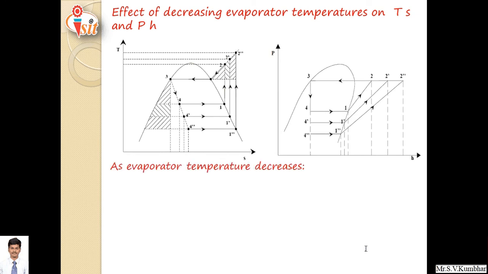So here the pH and TS diagrams are shown for different evaporator temperatures. Now we will start with the first. Let us consider 1, 2, 3, 4. 1 to 2 represents compression from vapor to the superheated condition of the refrigerant. Compression takes place. After that, 2 to 3 is condensation at constant pressure.